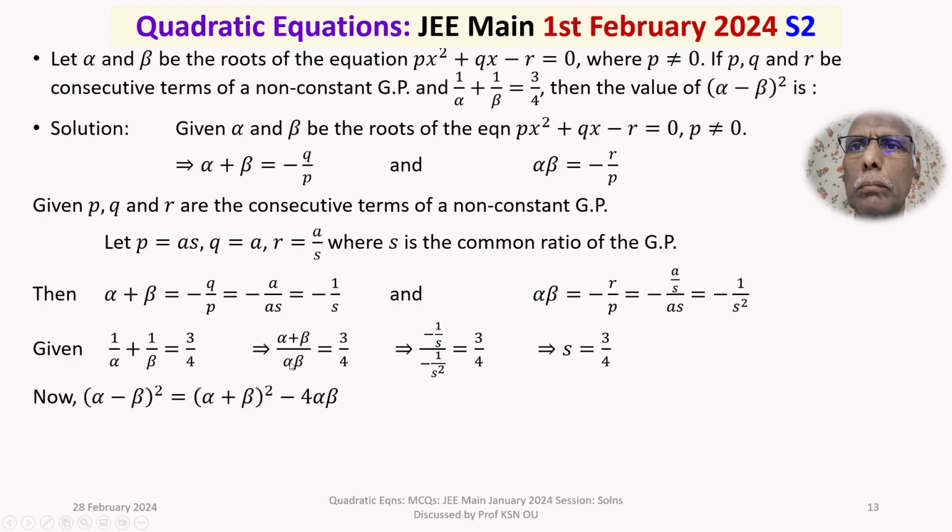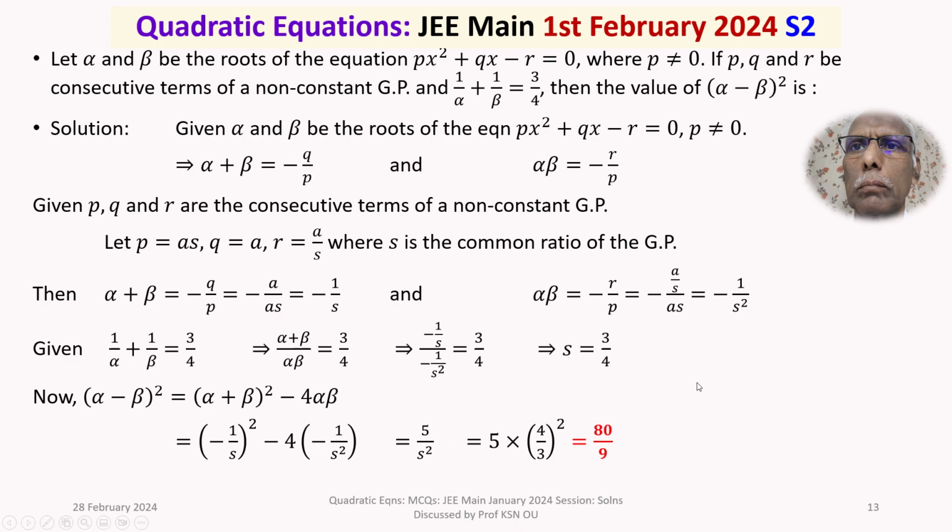Minus 1 by s, whole square, minus 4 times alpha beta. Alpha beta is minus 1 by s square. That is minus 1 by s whole square minus 4 times minus 1 by s square. This is 1 by s square, this is plus 4 by s square. 1 by s square plus 4 by s square is 5 by s square.